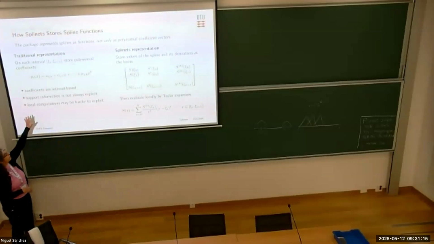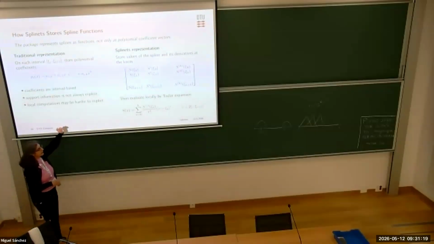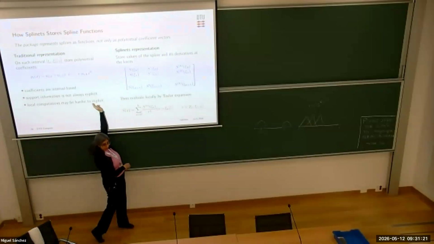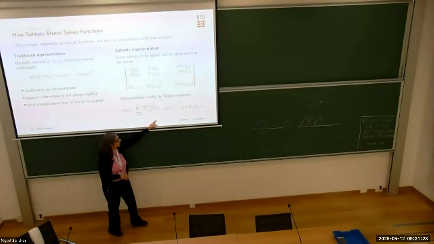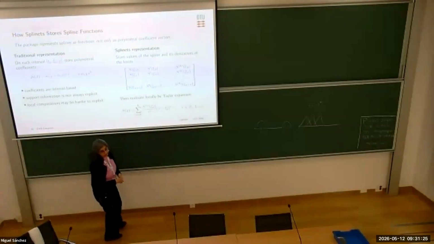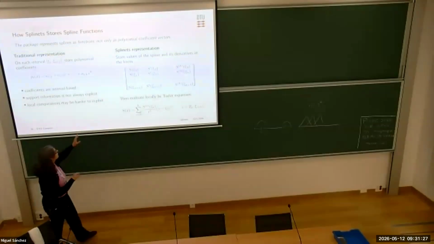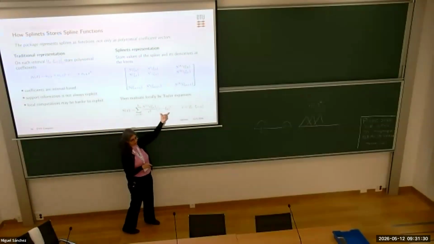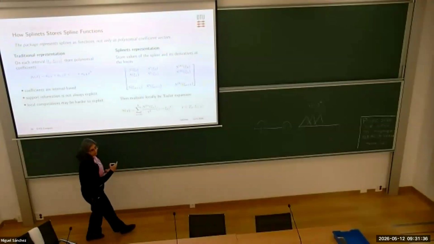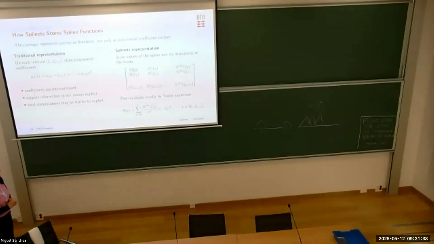Most spline packages do it this way, but in our package we don't. We just do Taylor expansion around the nodes we have. It's more or less similar, because if you expand this, you get x to power 0, x to power 1, x to power 2, but it's expanded around this node. I hope that makes sense.